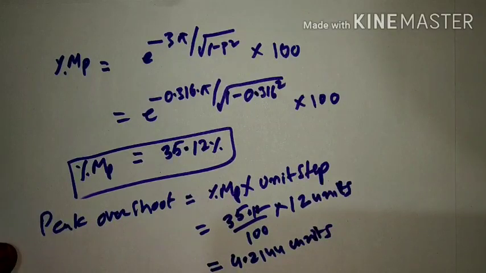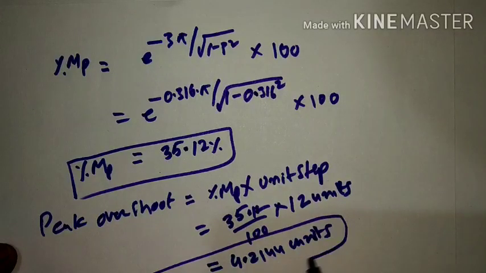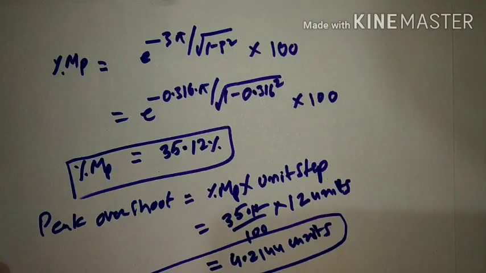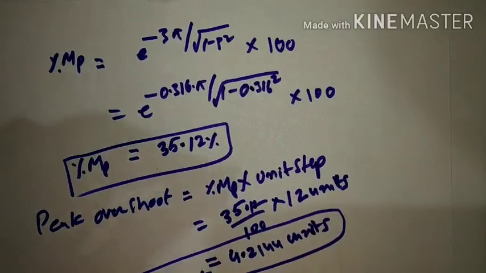So the peak overshoot we have found is 4.2144 units.